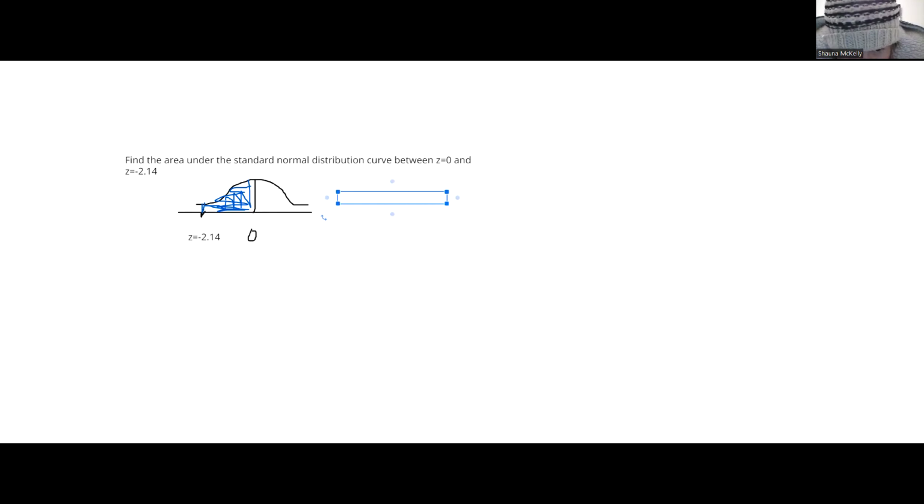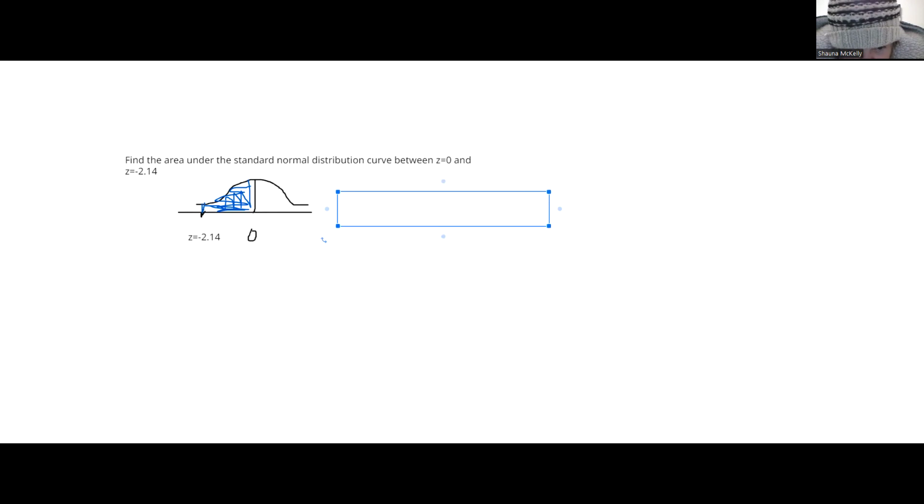The normal CDF function on the calculator provides a way to find areas under portions of a normal curve, okay?